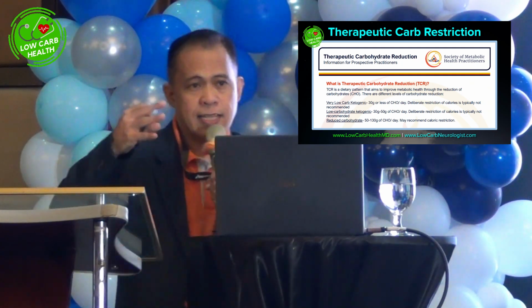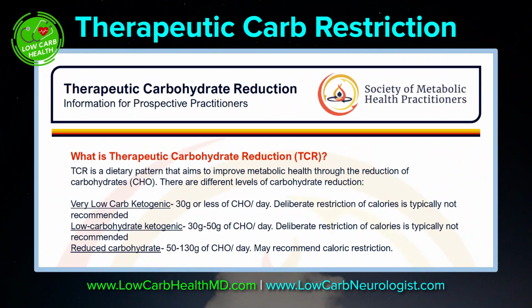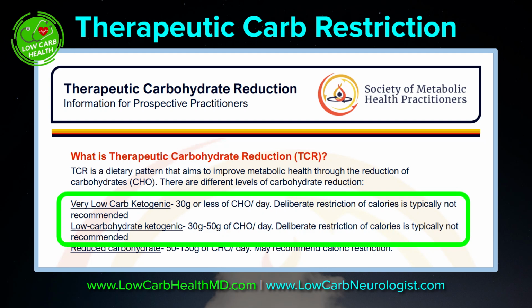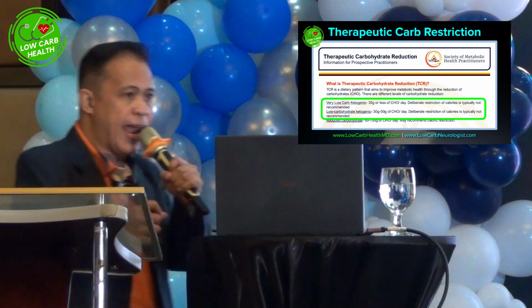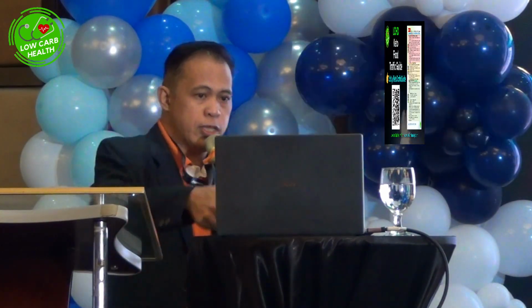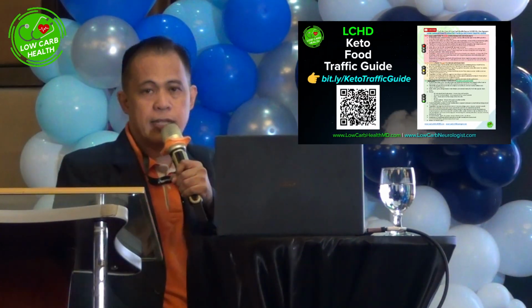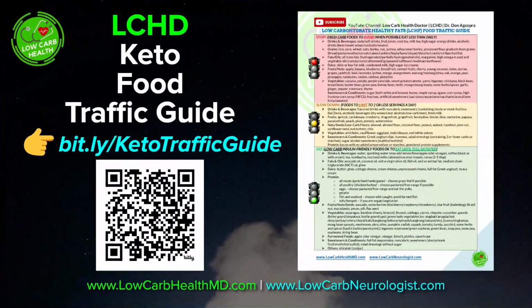When we say VLCKD, or the very low carbohydrate ketogenic diet, that's less than 30 grams per day. To help my patients comply properly with this diet, I have this keto food traffic guide in my website, and I also give this to my patients in the clinic.